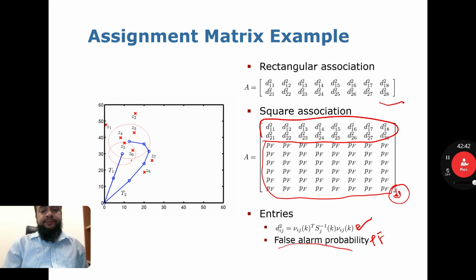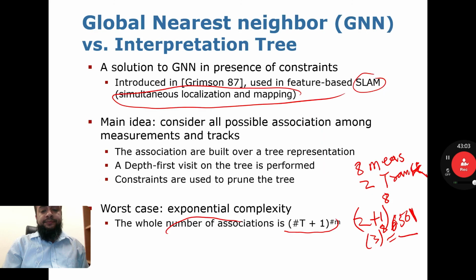It maps z1 to this one and this one, and then z5 to this one, so it just maps all associations to the tracks and calculates the association probabilities of every measurement, of every entry.